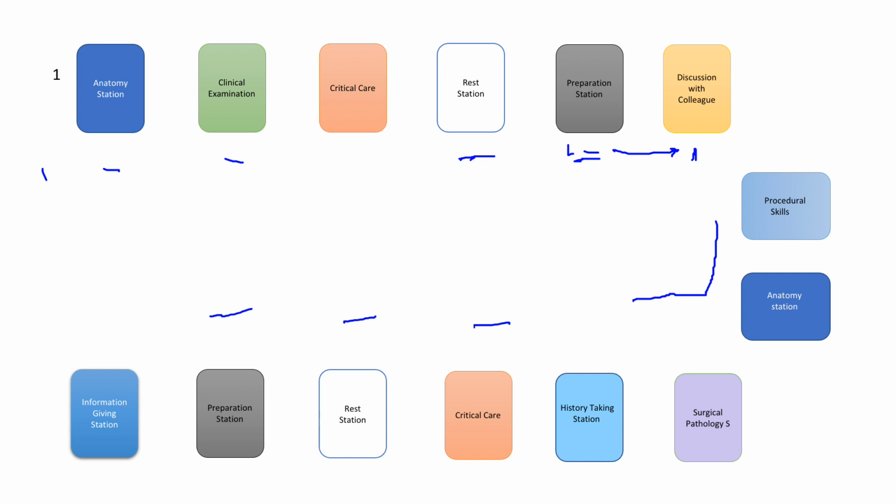This assesses your communication. So both of these stations which are preceded by a preparation station assess communication skills. These are communication skills stations. So you go through all 17 stations before the end of your exam.